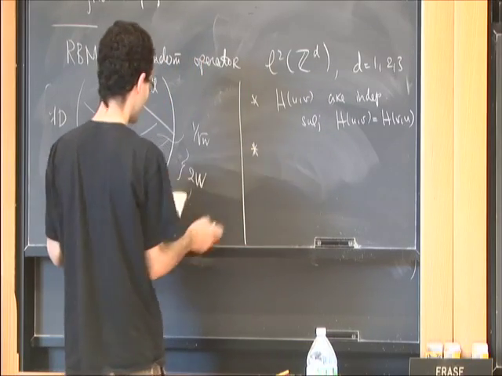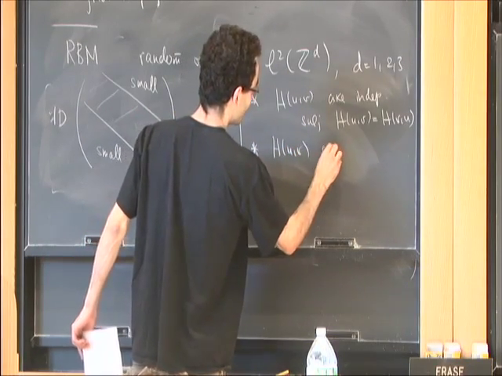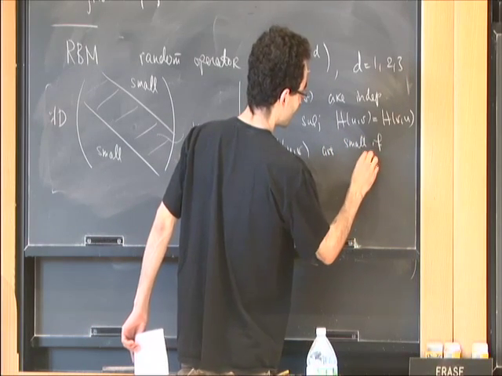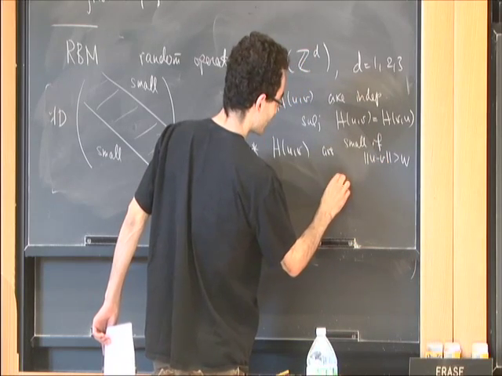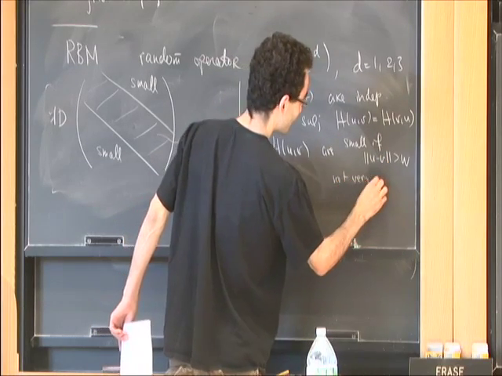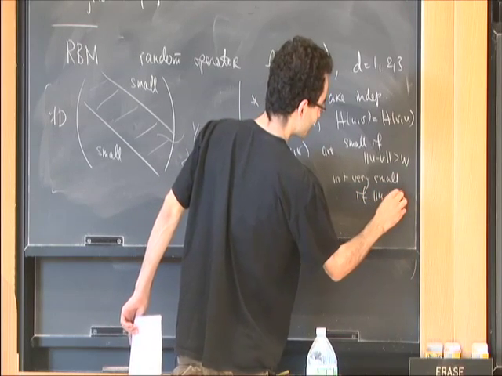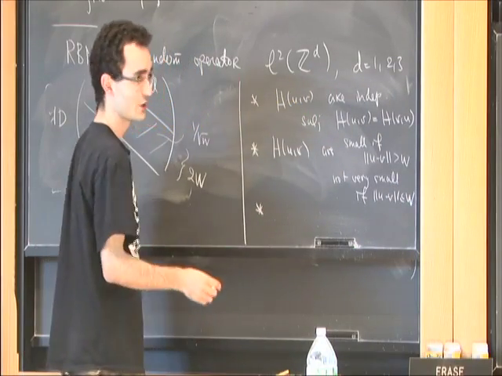The second condition is that H_uv are small if the distance between u and v is greater than W, and not very small if the distance is less or equal than W. And third, we need some normalization.